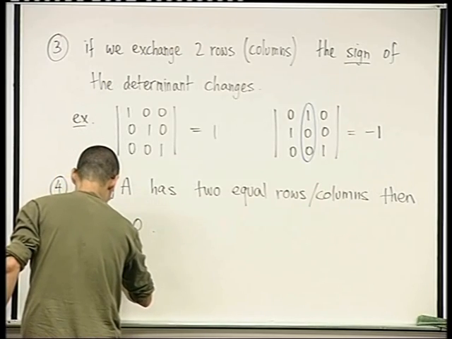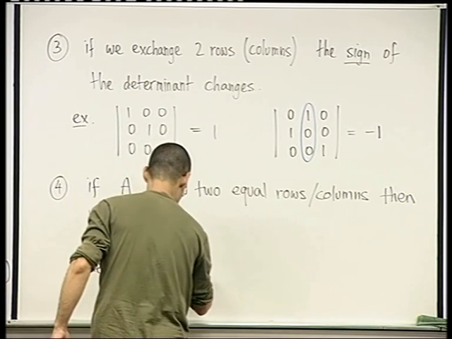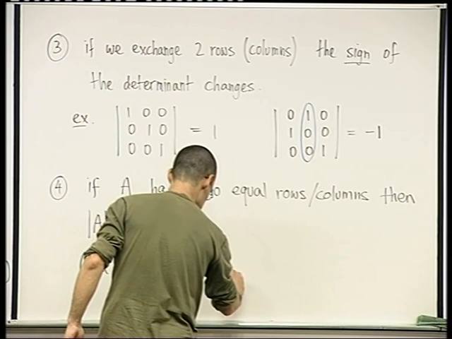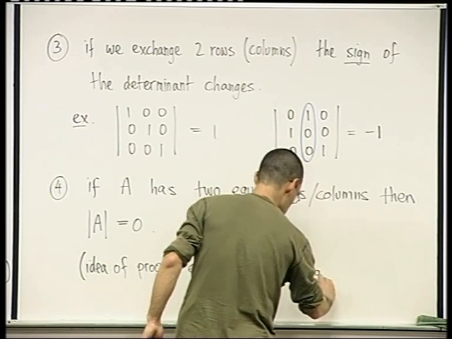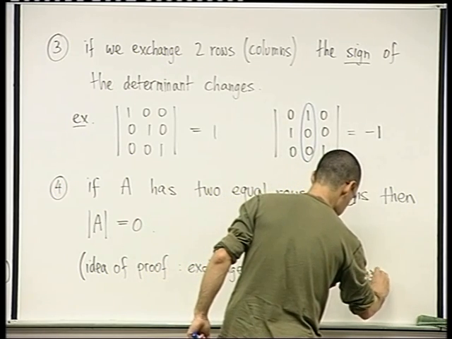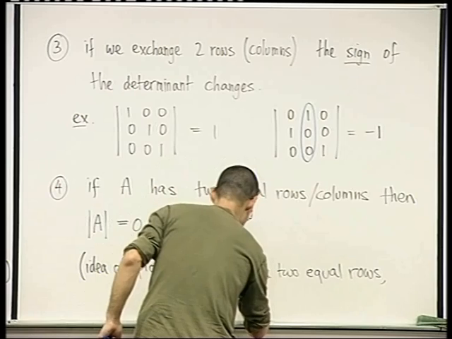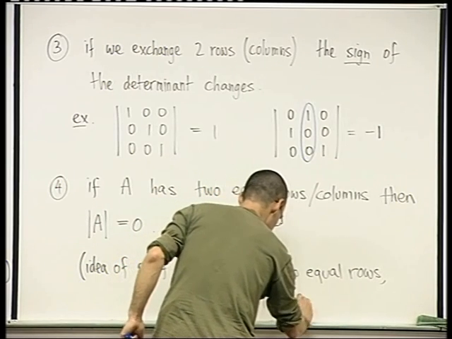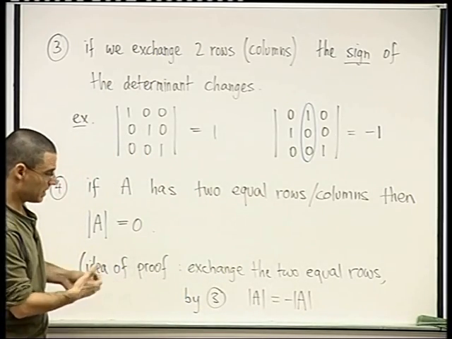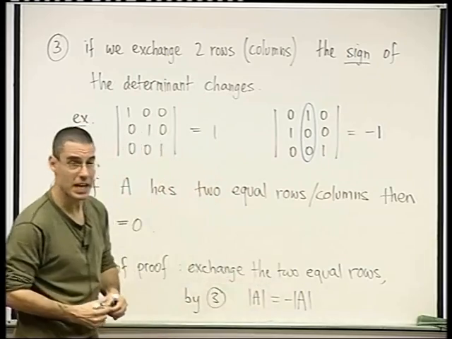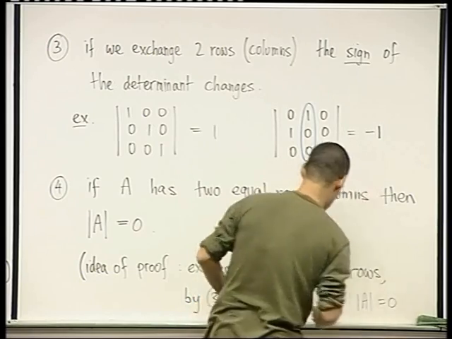Idea of proof: exchange the 2 equal rows, by property 3, and you would get that A equals minus A. But this equality, a number equals its negative, holds if and only if that number happens to be 0.